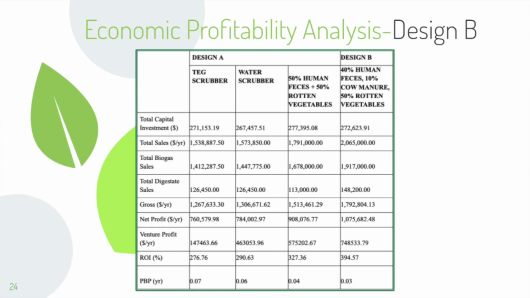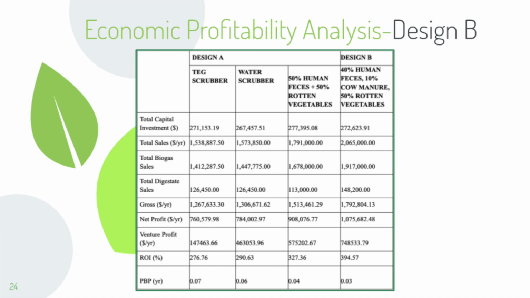In order to properly compare Design A and Design B, the economic costing and analysis of pure substrates mentioned in the previous slide for Design A were combined linearly. This was done by designating 2, 3, and 3 reactors out of 8 total reactors to be fed by pure substrates, respectively. In Design A, comparing the water to glycol scrubbers economically, it was discovered that the return of investment for water scrubber was higher than the glycol scrubber, yielding 290% and 276% respectively.